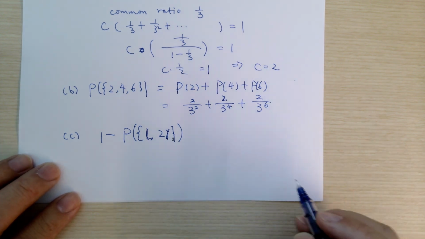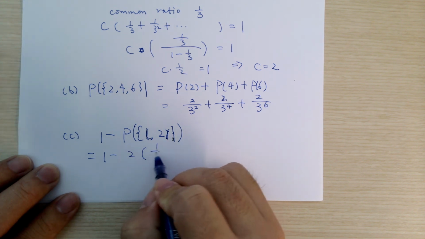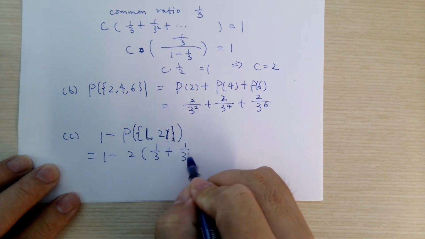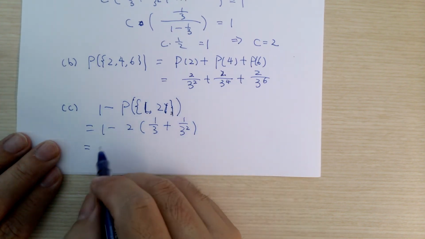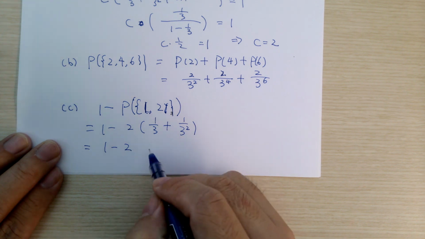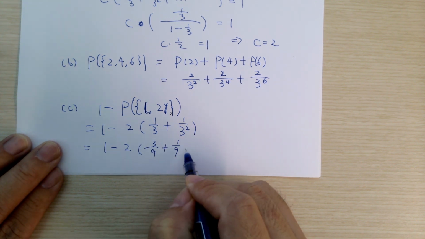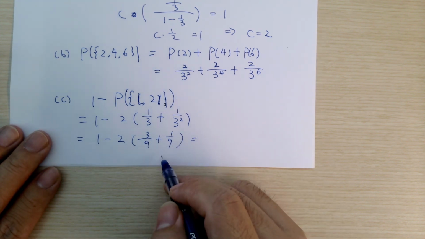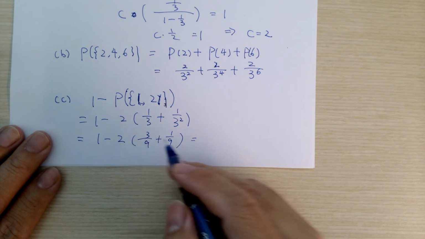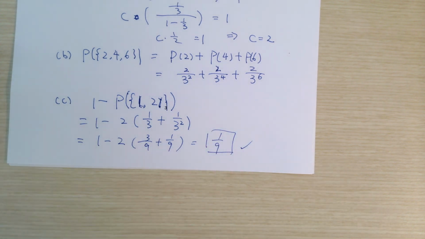So 1 minus 2 times (1 over 3 plus 1 over 3 squared). So it's 1 minus 2 times (3 over 9 plus 1 over 9), which is 4 over 9 times 2, 8 over 9, and 1 minus 8 over 9 gives 1 over 9. Okay, that's the first 3 parts.